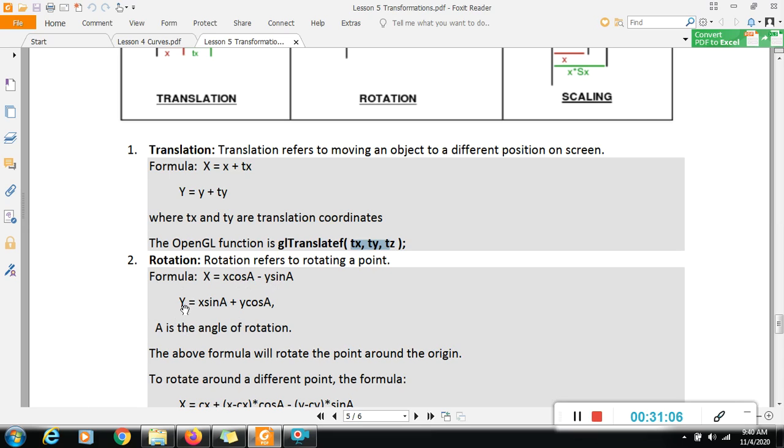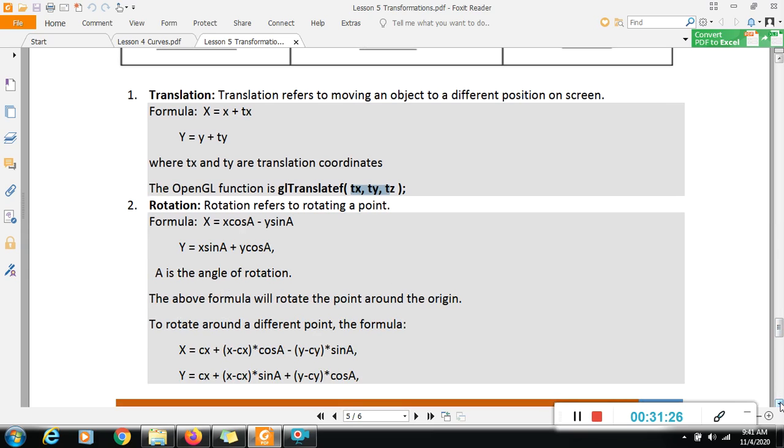The angle of concern here is the angle of rotation, angle A. For the x coordinate, we have x cos A minus y sin A. For the y coordinate, we have x sin A plus y cos A. So you take the cosine of the angle multiplied by x and subtract the sine of the angle multiplied by y.